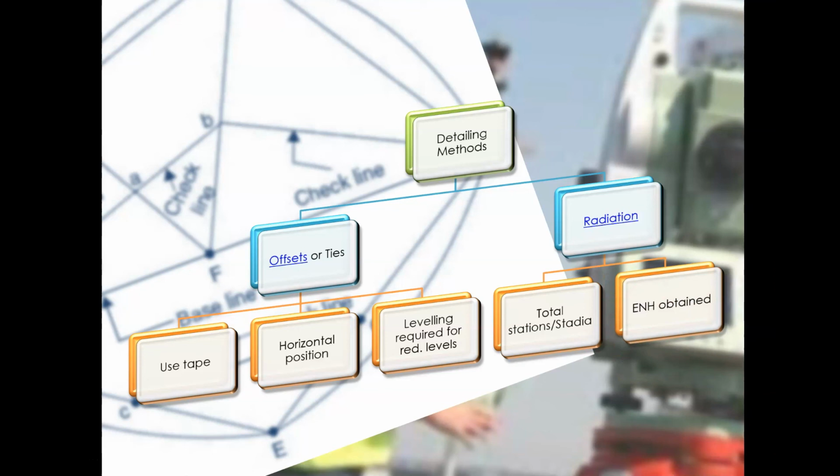Any points that you observe, you automatically produce the 3D coordinates, the easting, the northing, and the height or the reduced level of the point you just measured. So you get everything in one go rather than having to do two separate jobs, one for horizontal and one for vertical if you happen to use the offset method.